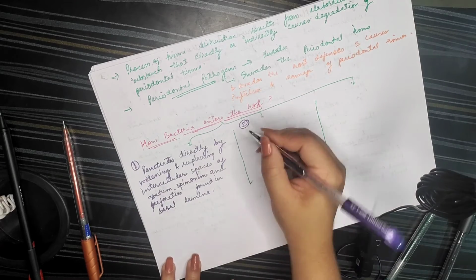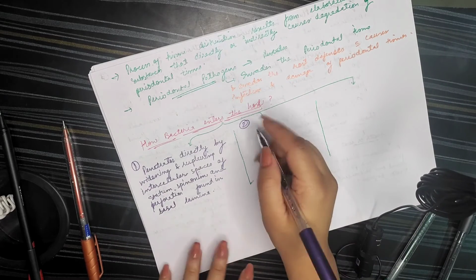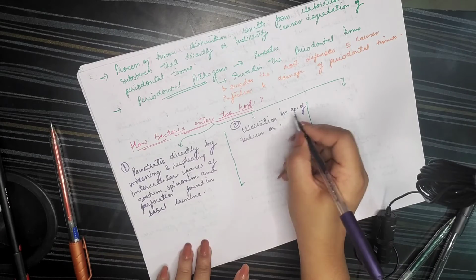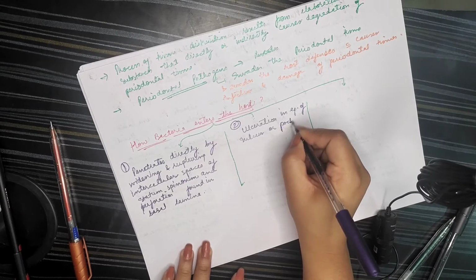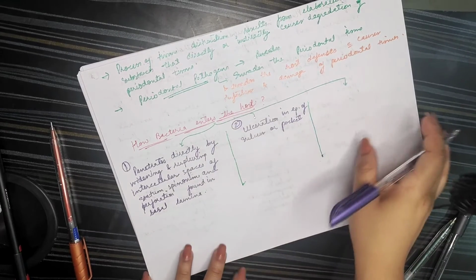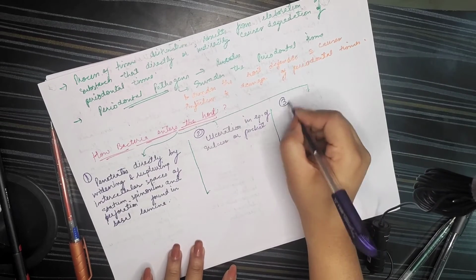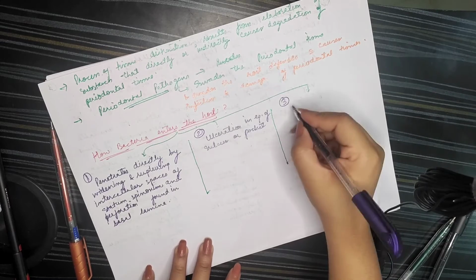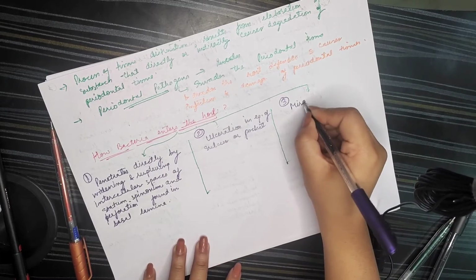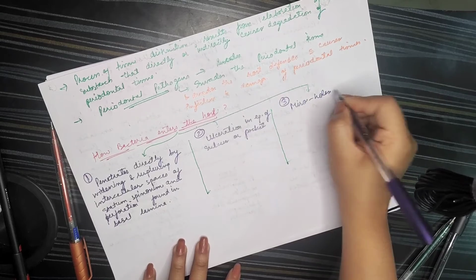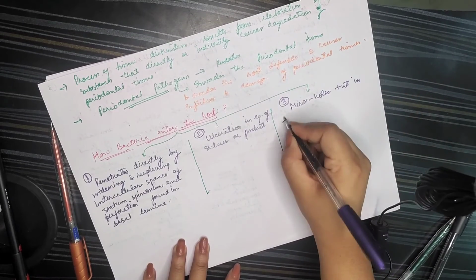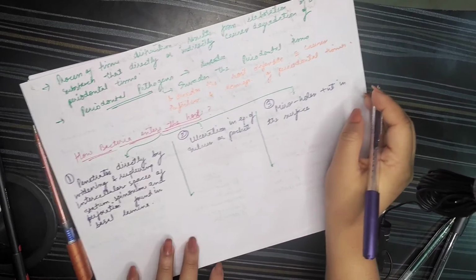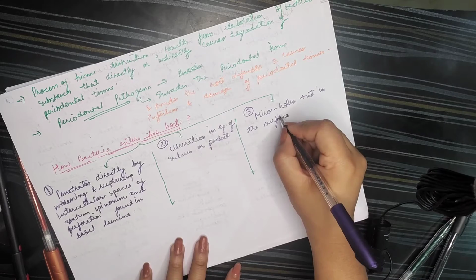And second, they also penetrate through the ulcerations in the epithelium of sulcus or pocket. And third, they can also invade through micro holes present in the surface created by transmigration of leukocytes.